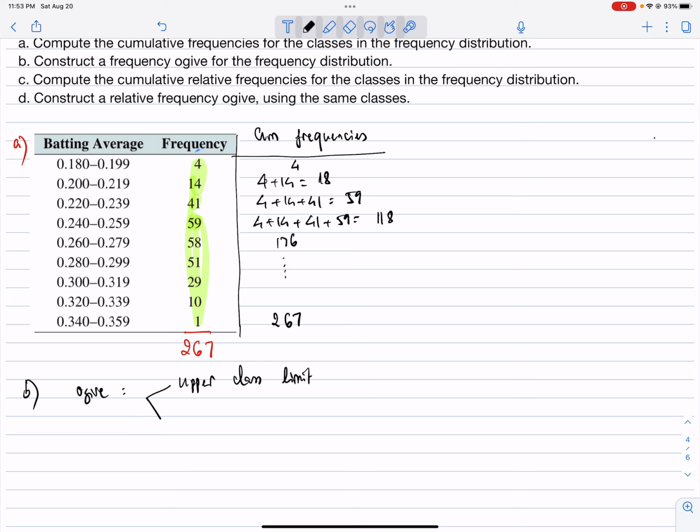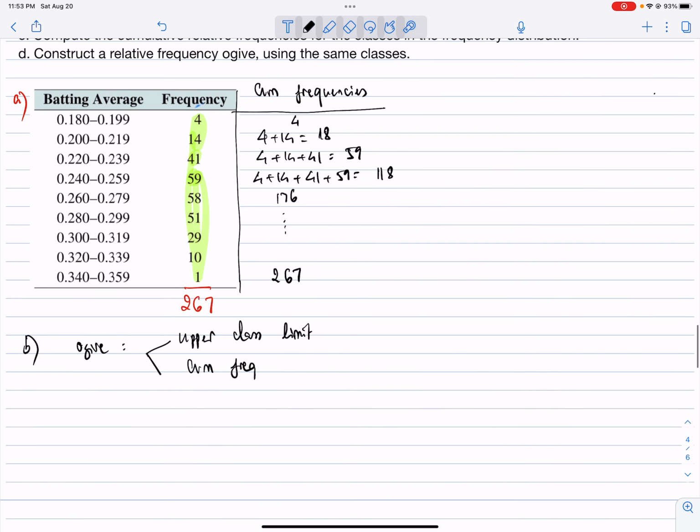And the second part will be the cumulative frequencies. So we need to make a different table. So the X part is the upper class limit. The upper class limit we recall from the section we learned before. They are these numbers.